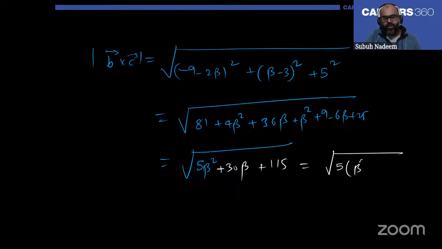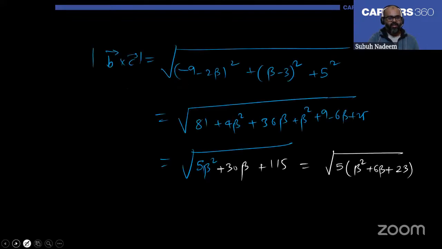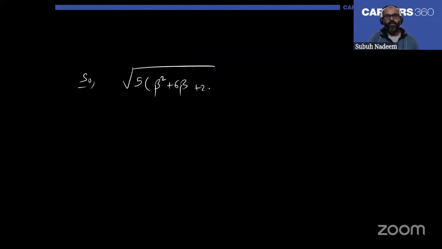It becomes beta square plus 6 beta plus 23. And this is given as 5 root 3. So this is 5 into beta square plus 6 beta plus 23 is equal to 5 root 3.